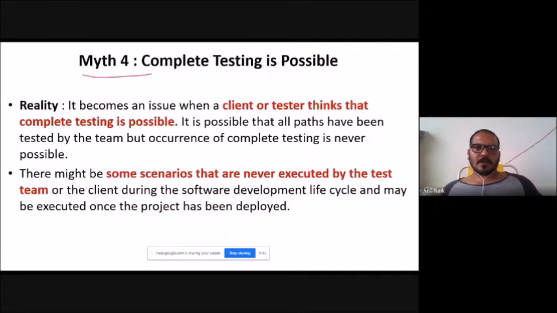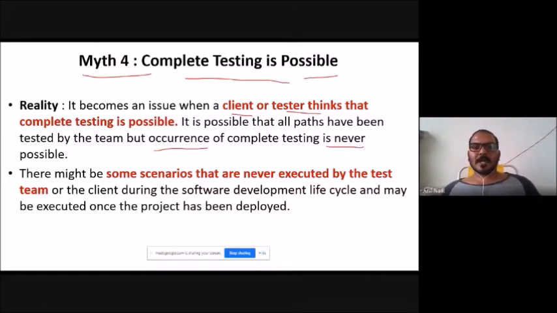Then the fourth myth: complete testing is possible. Complete software testing is possible, but in reality, it becomes an issue when a client or the tester thinks that complete testing is possible. It is possible that all the paths have been tested by the team, but complete testing is never possible. 100% is never possible.